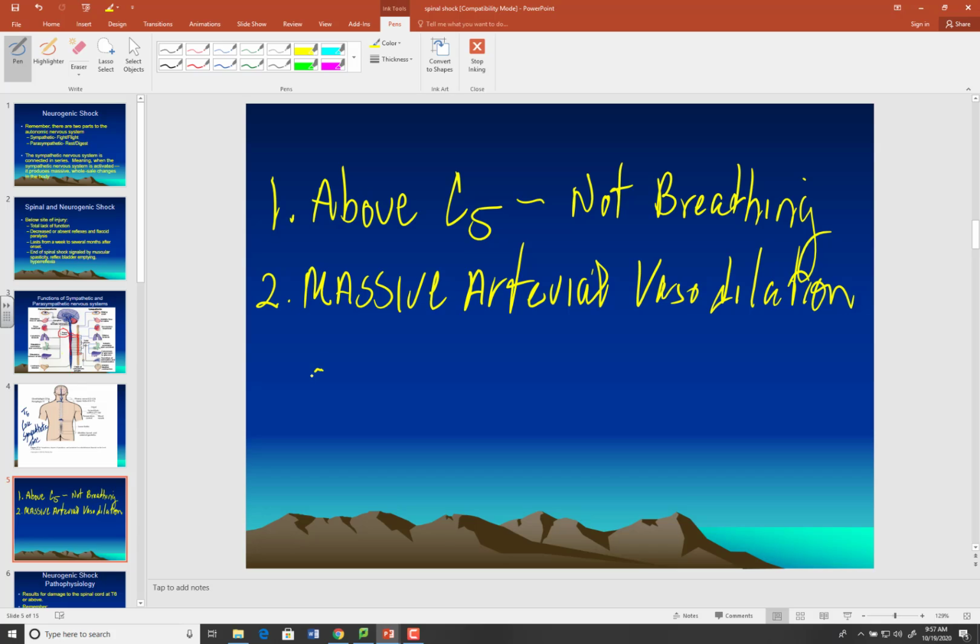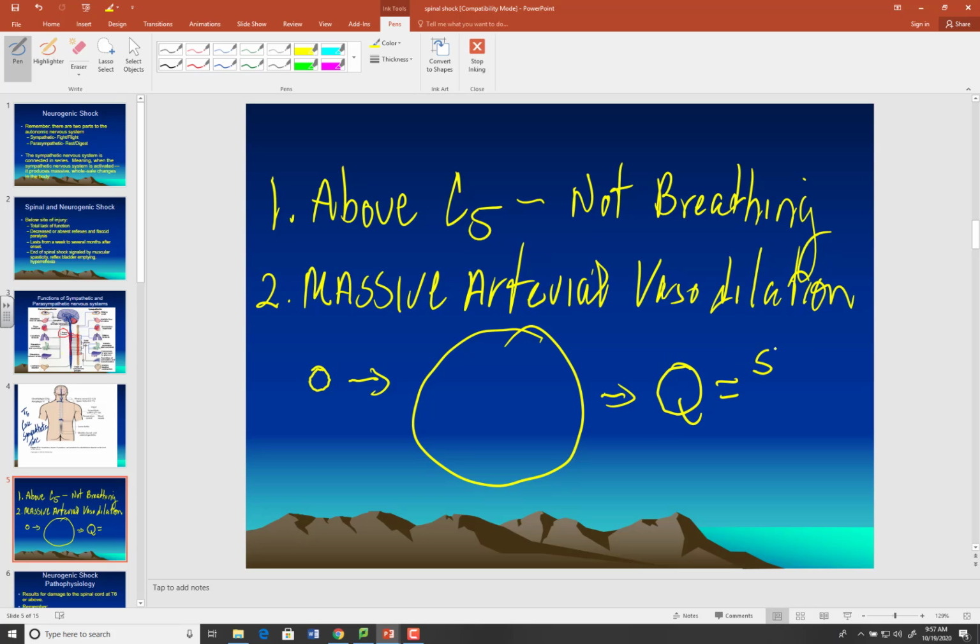So if all of your arteries were like this, then you had a spinal cord injury, all of your arteries are going to become like this. And we learned Ohm's flow law of systolic blood pressure divided by resistance, and you have to maintain blood flow.